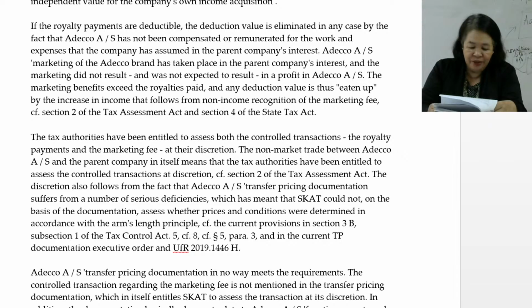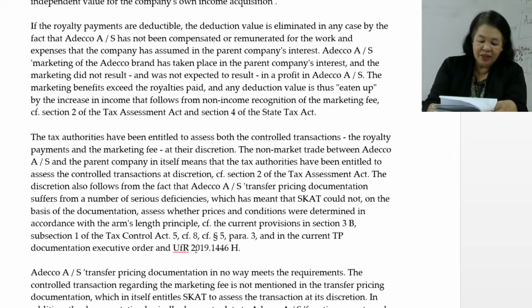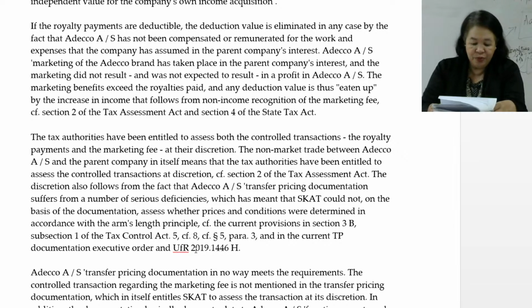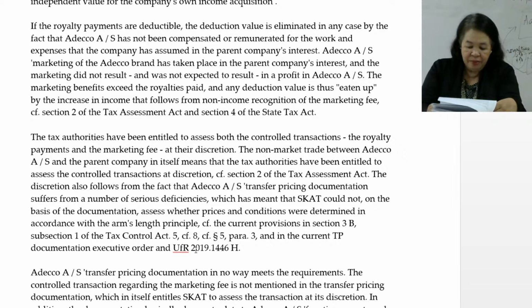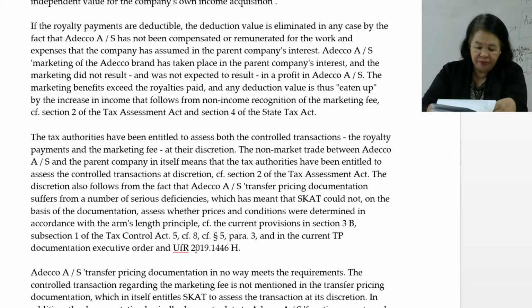Adecco AS marketing of the Adecco brand has taken place in the parent company's interest, and the marketing did not result and was not expected to result in a profit in Adecco. No? Kaya nga puro net loss si Adecco. The marketing benefits exceed the royalties paid, no? Kasi ang laki ng binabayaran niya royalties. And any deduction value is thus eaten up by the increase in income that follows from non-income recognition of the marketing fee. No?